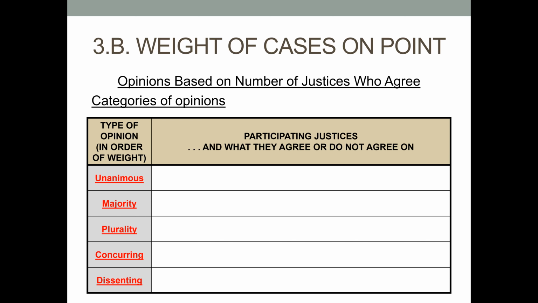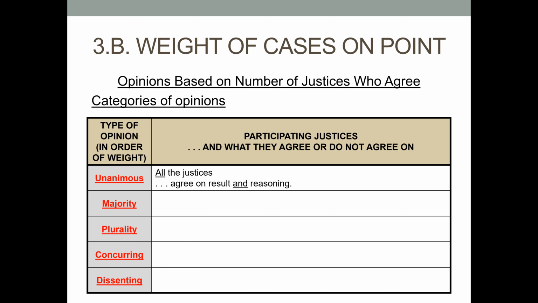So the first type of opinion here, unanimous, will carry the greatest weight among these 5 different types, and then it typically goes down in terms of weight from there. So a unanimous opinion is an opinion that is joined by all the justices who heard the case, and all of the justices agree on both the result and the reasoning. And believe it or not, there are unanimous opinions, even by the US Supreme Court.